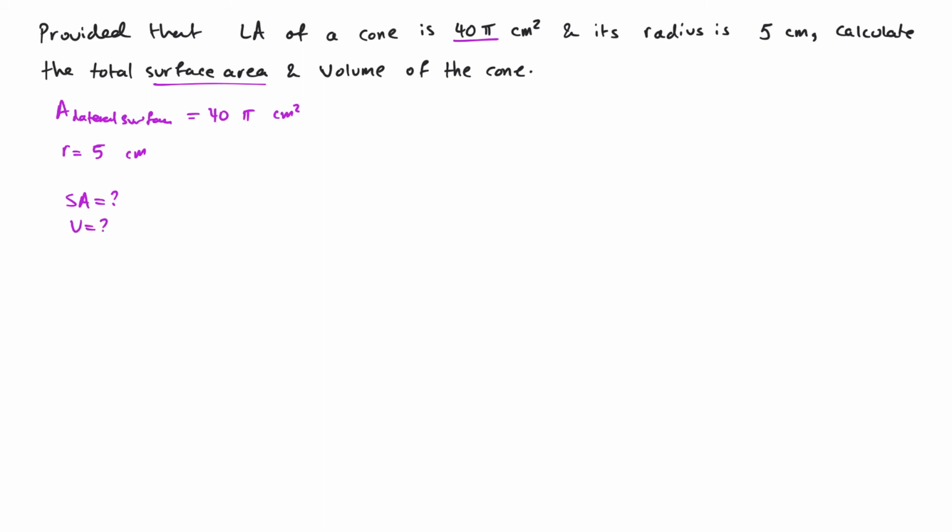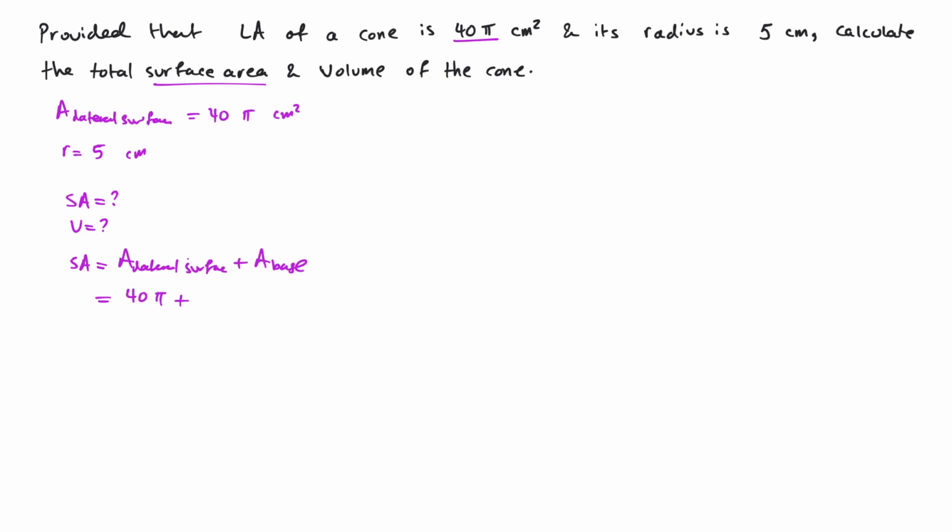So let's do surface area first. So the surface area simply equals the area of the lateral surface plus the area of the base. So we have the lateral surface area as 40 pi, so we don't really have to calculate that part. 40 pi.